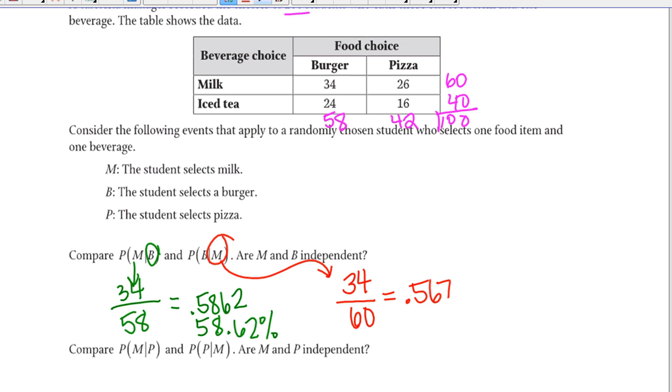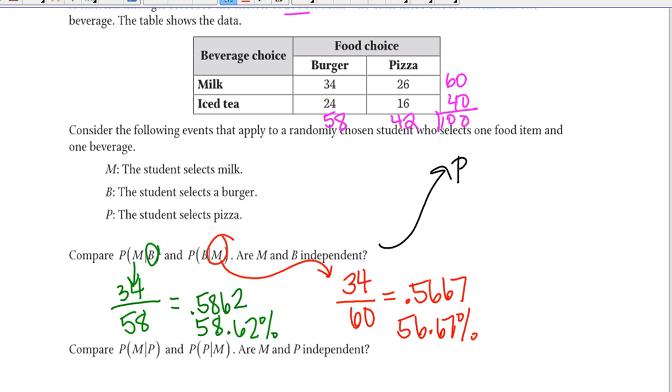Sorry, it's a little off. Just sticking with our 4 decimal places. So 56.67. So those are pretty darn close, but don't let that get you caught up on necessarily independence. So 58.62 and 56.67. So are they independent?